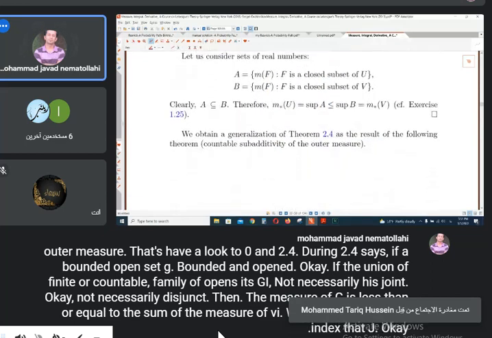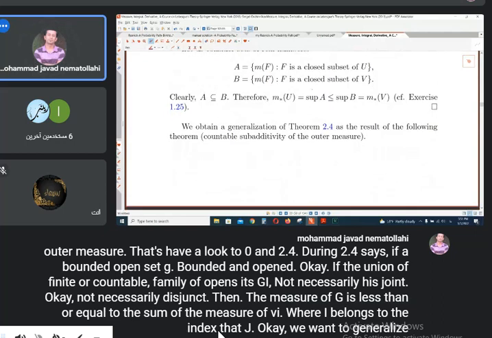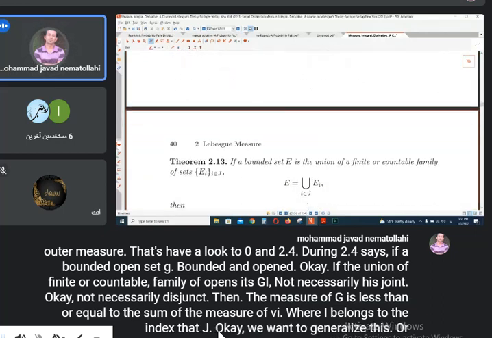We want to generalize this for outer and inner measure.